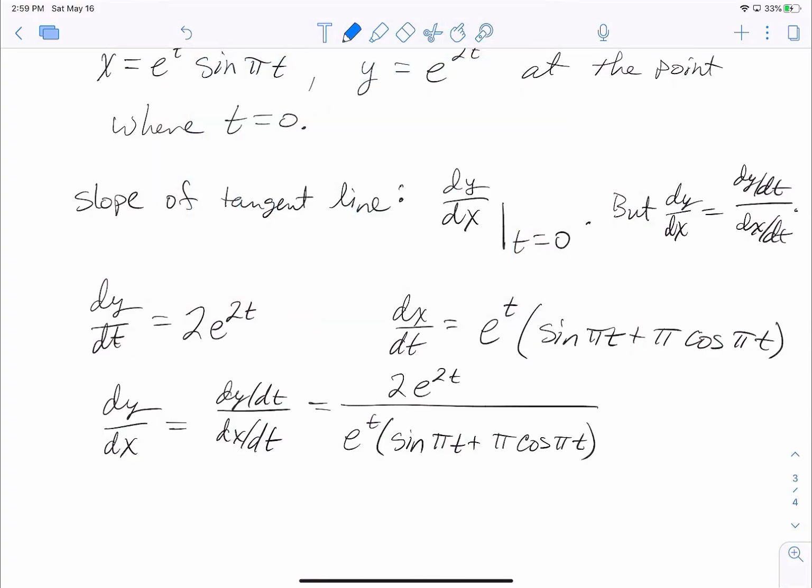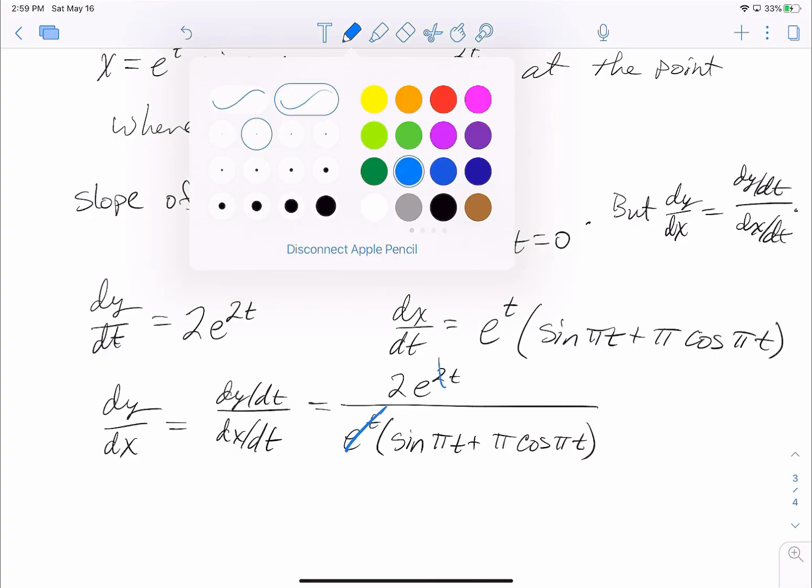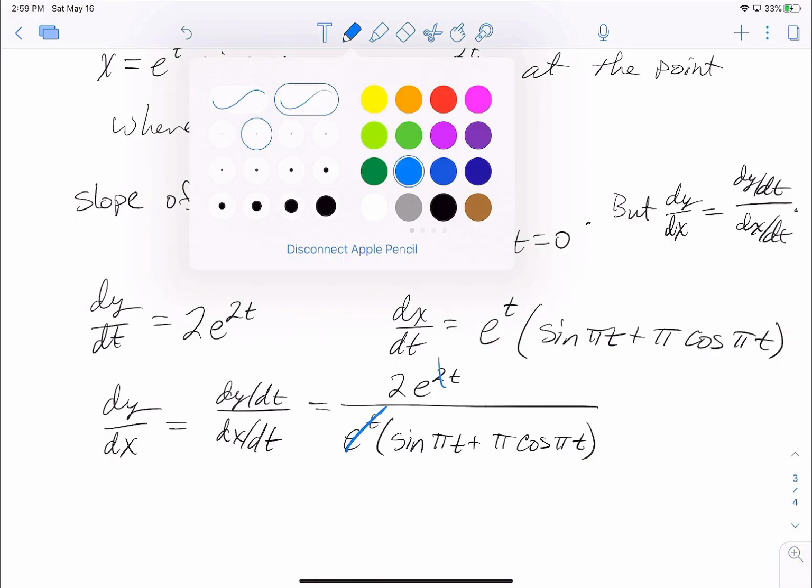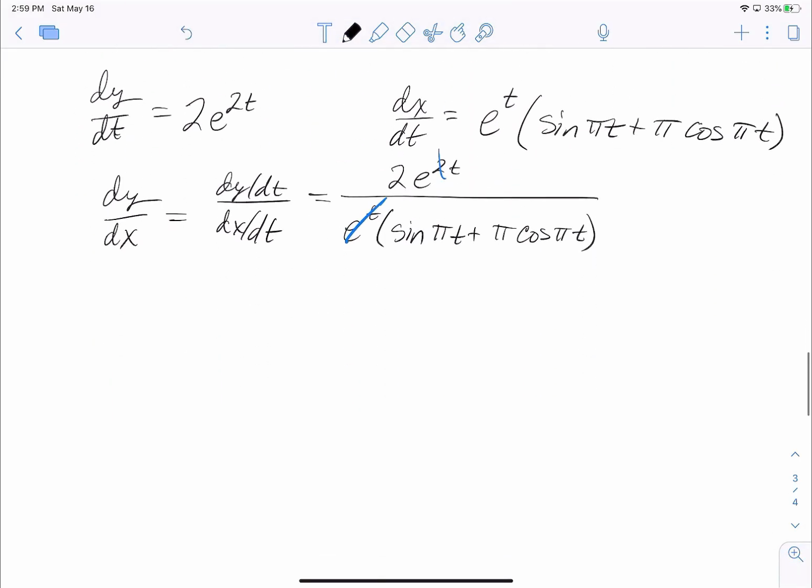We can see here that one factor of e to the t will divide out. You may be thinking, wait, we want this derivative at t equals 0. Couldn't I have just put t equals 0 in place of dy/dt and then also computed that for dx/dt? The answer is yes. I just didn't feel like it right now.